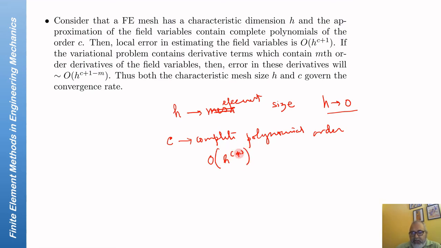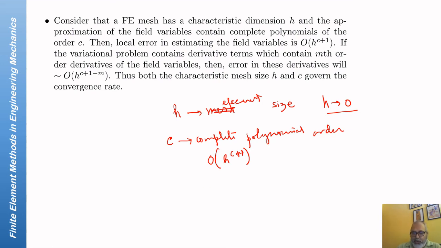So you can arrive at this result from a Taylor series expansion, but we don't go into that. We just accept this result that the error in the field variables would be of the order of h to the power c plus 1, which means as you reduce h, you will reduce the error in u and v, or the field variables, as the case may be.